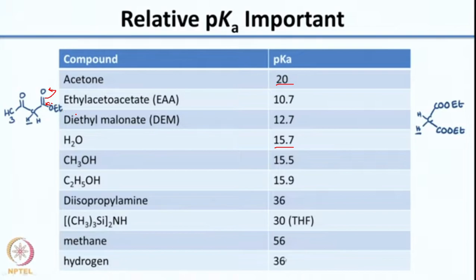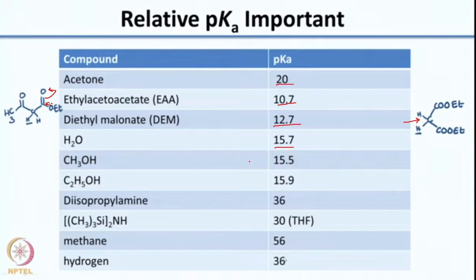This is the case of diethyl malonate. Here also you can see this is an ester and there is more resonance or delocalization of electrons. That means it is a stronger acid, so it gives a pK value of 12.7, right?